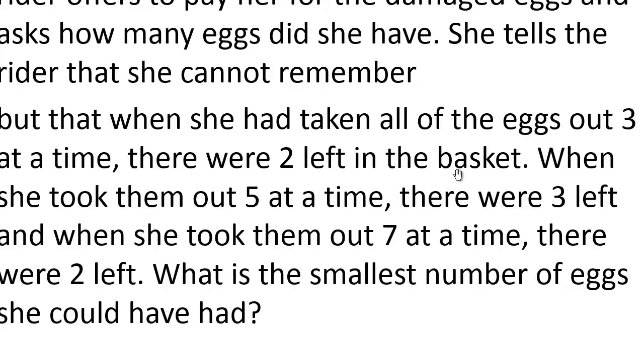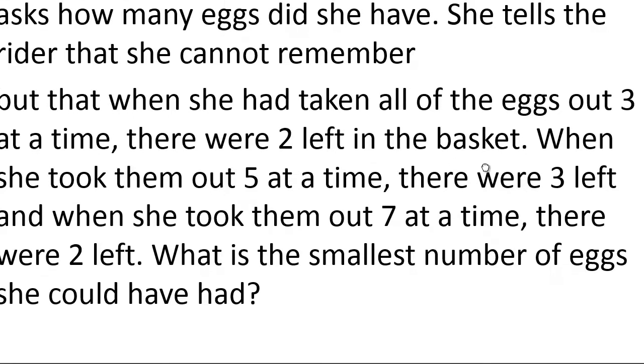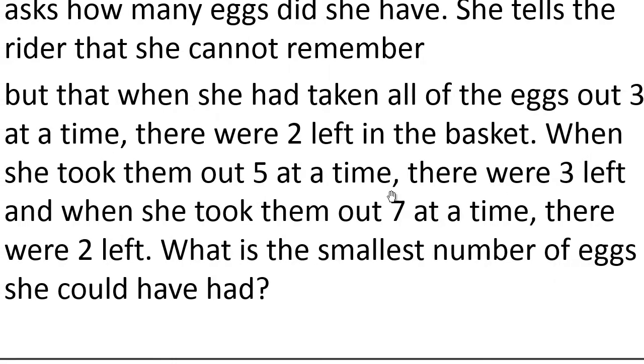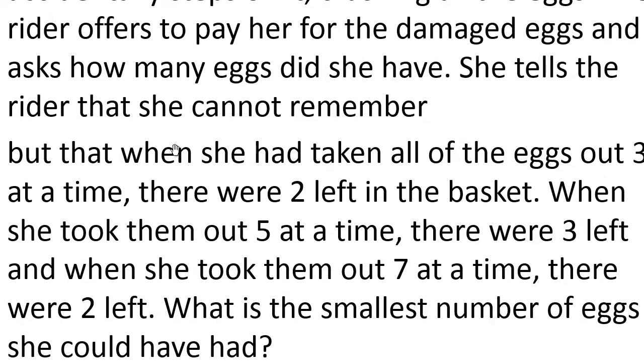So each time she takes 3 eggs, first 3, then 3, then 3, the remaining will be 2. Similarly, when she took them out 5 at a time, there were 3 left. And when she takes 7 at a time, there will be 2 left.